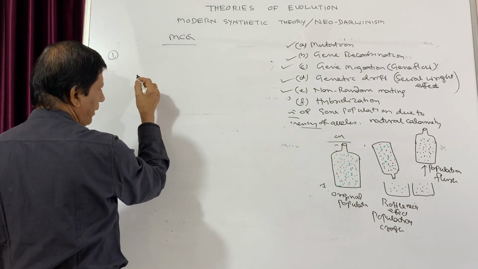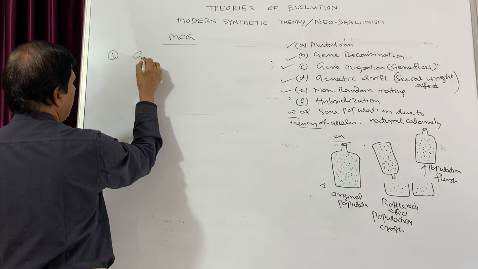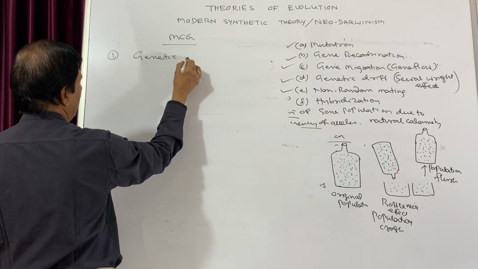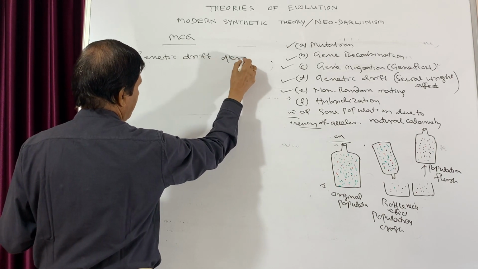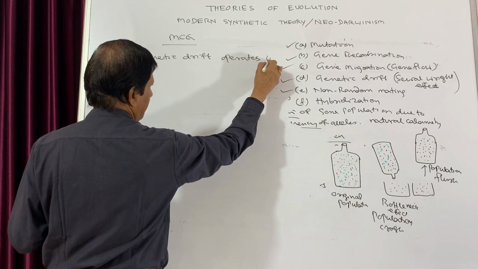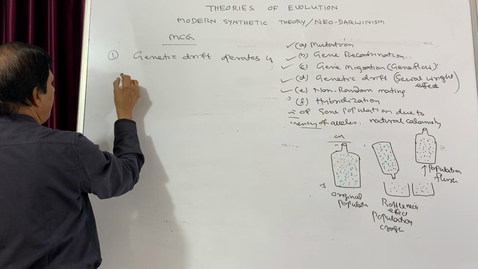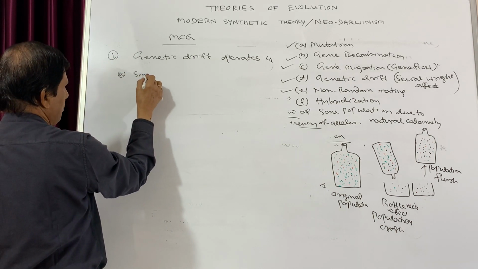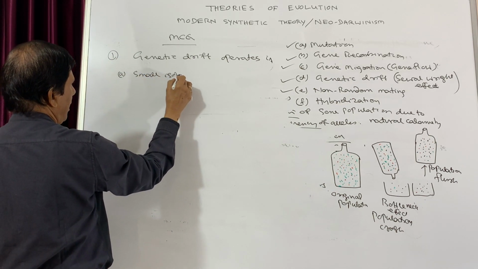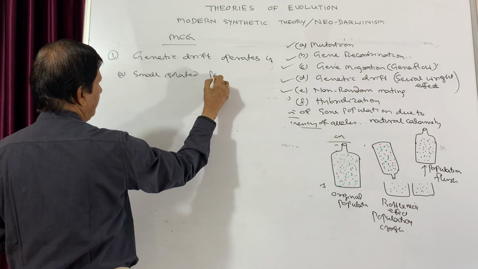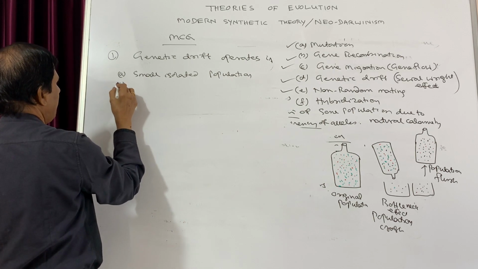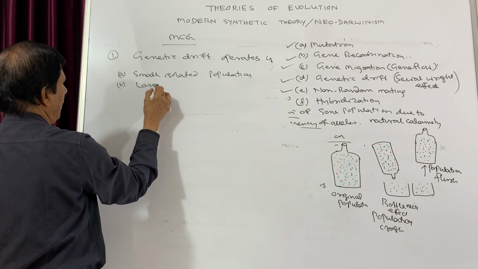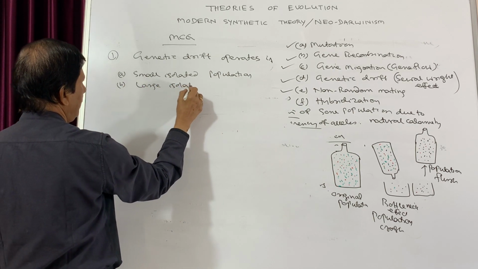Number one, genetic drift operates in: first point, small isolated population. Second choice, large isolated population.